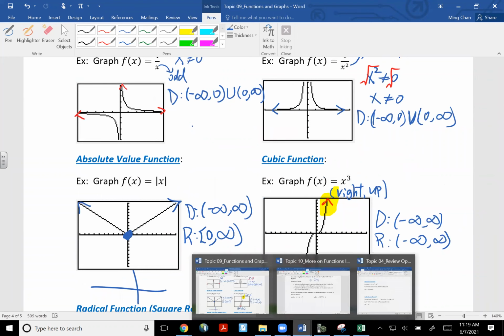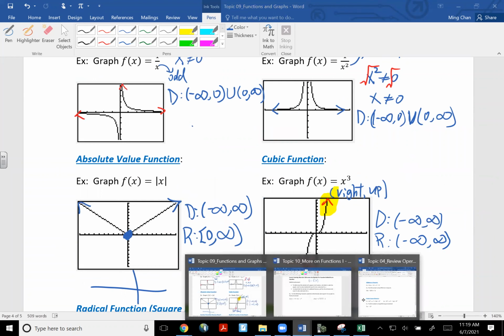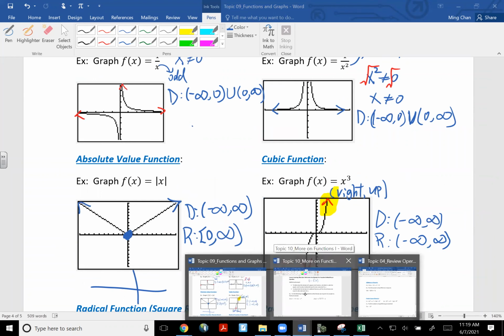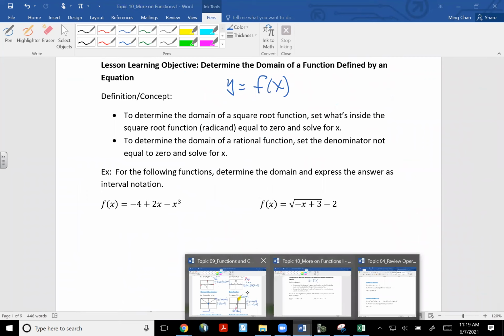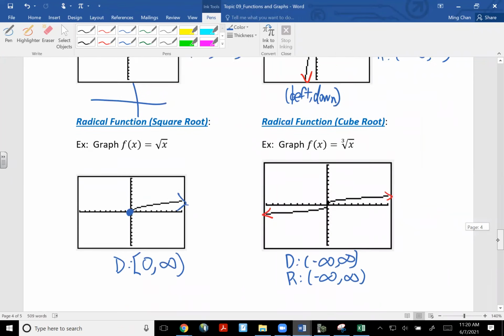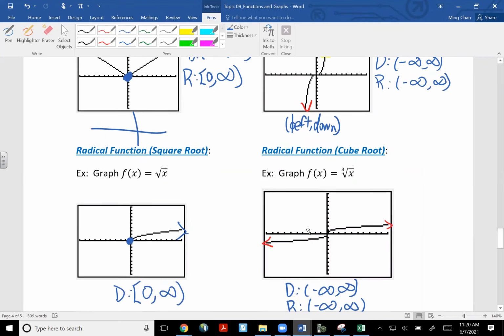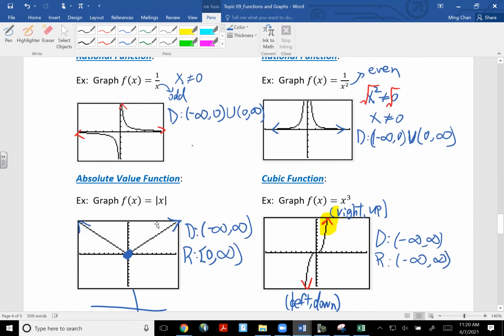By looking at this example, number 10, which one of these pictures is it? Well, I don't see any square root or cube root, so those two are out. I don't see an absolute value symbol, so that's out.